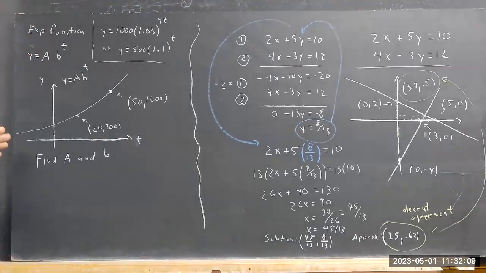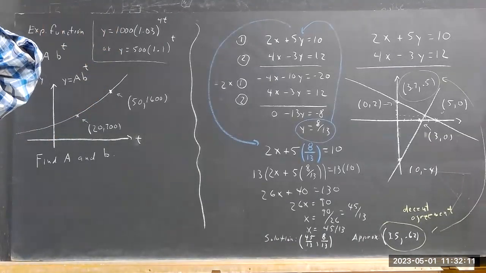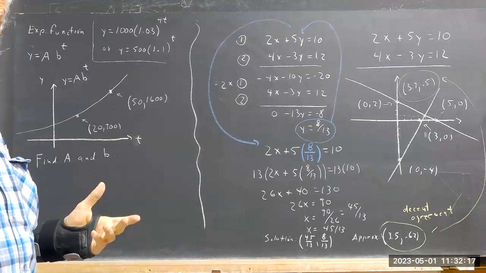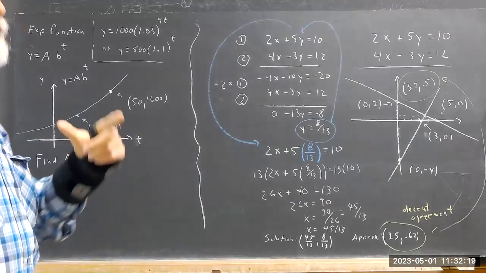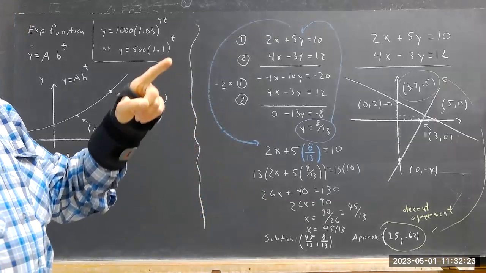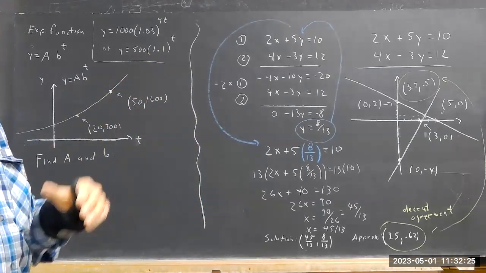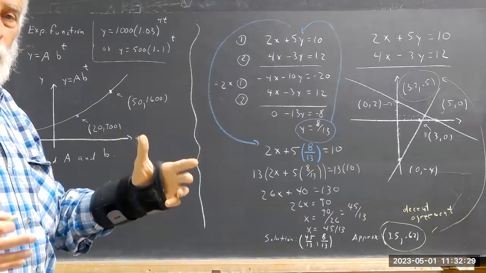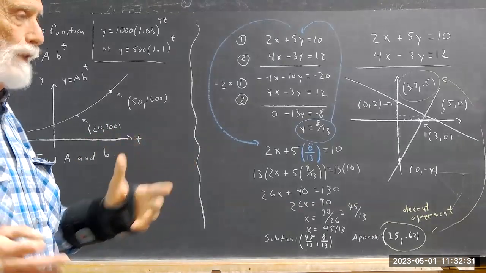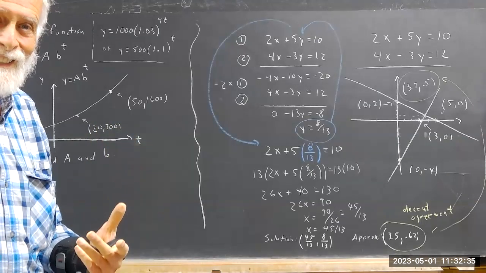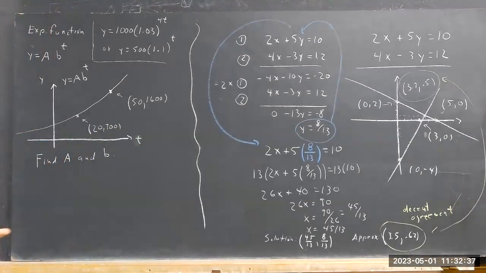If this is the value of an investment that we know has been growing at a constant interest rate and will continue to do so, then we can find not an exact value at any given time, but a value to any degree of precision we want. So if we want to find it down to the 10 billionth of a cent, we could do that.